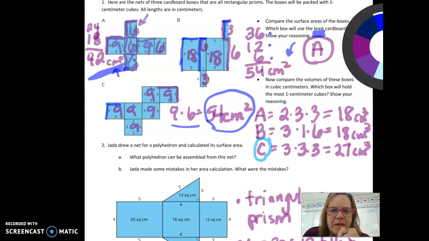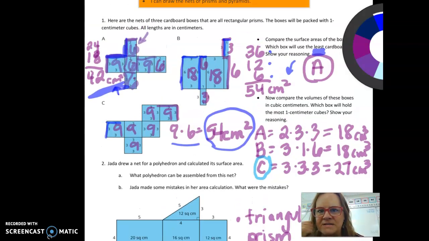But in the second question, we had to compare the volume. Remember, when we're looking at volume, we have to multiply our dimensions. In A, we have to make sure that we're being careful about what the dimensions are. When I put the box together in my head, I'm thinking that 3 is like the length. We have a height of 3, and we have a width of 2.